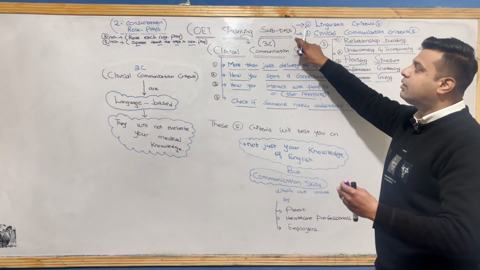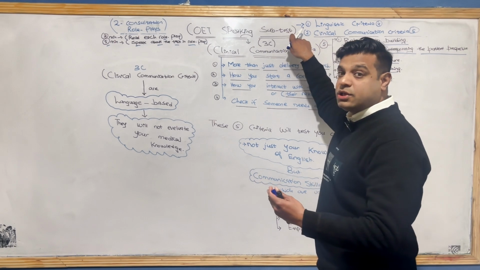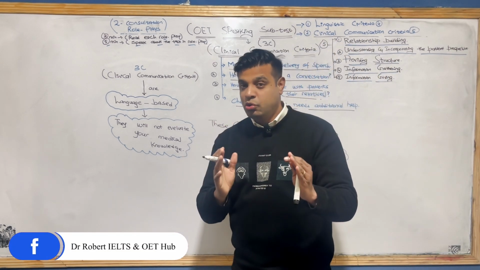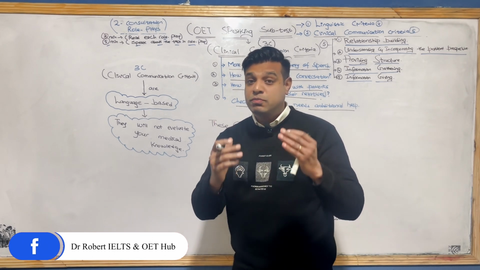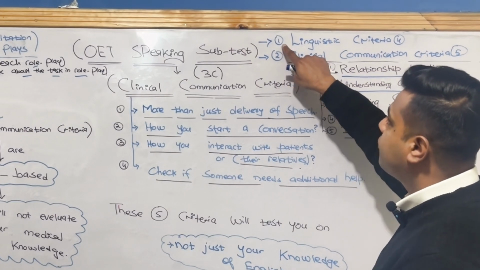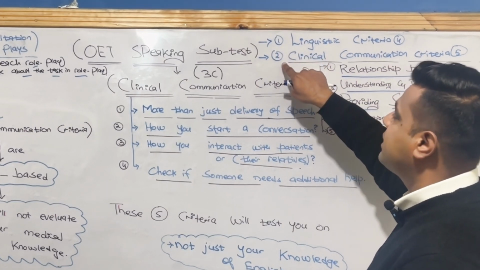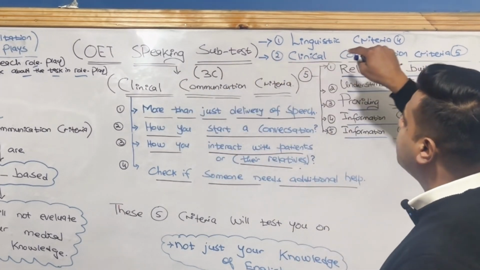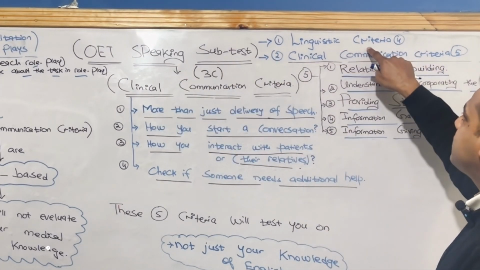Now, how is our speaking in the OET going to be assessed? One must know the rules before he or she is going to play the game. Now, the rules are two. We have two examination criteria in relation to the OET speaking sub-test. The first is called the linguistic criteria.